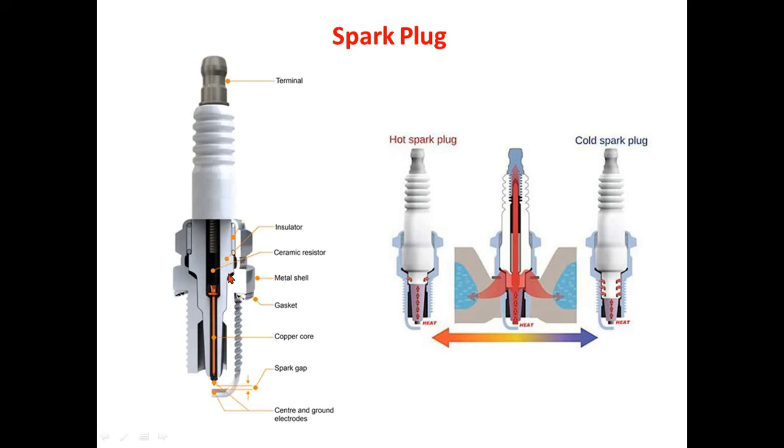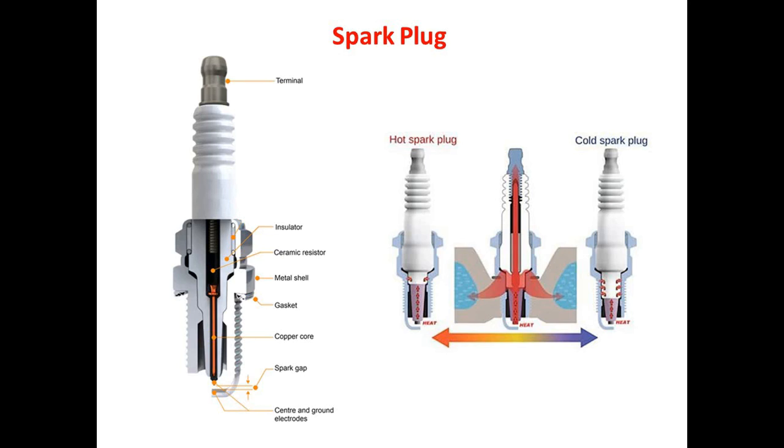In the given schematic, we observe an insulator, a metal shield, or you can say a steel shield, and two electrodes. These are the basic elements of any spark plug. The insulator is made of ceramic material which reduces thermal and mechanical stresses in the spark plug. The two electrodes are made from high nickel alloy so as to reduce erosion and corrosion.